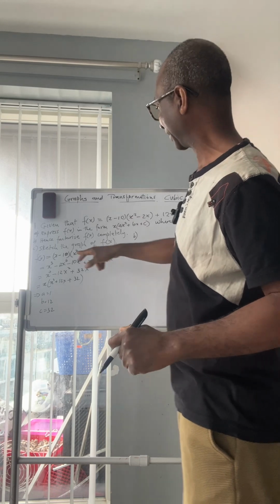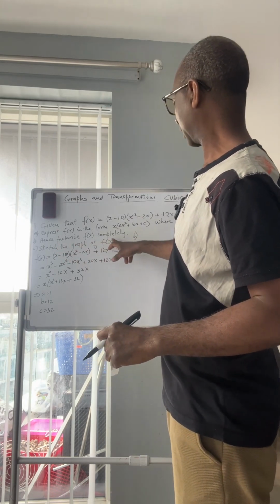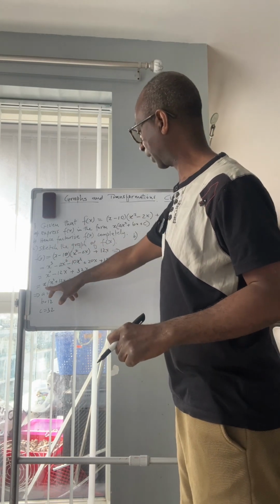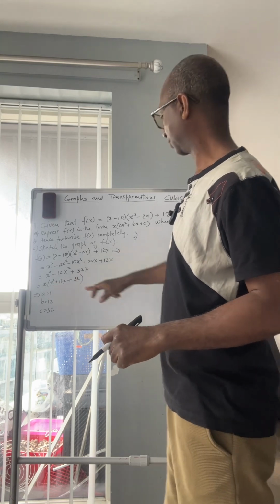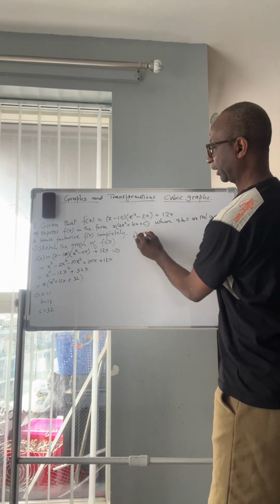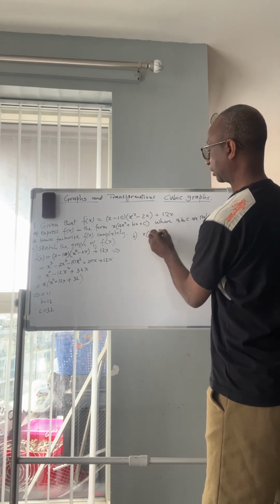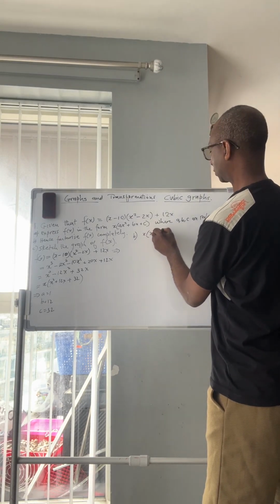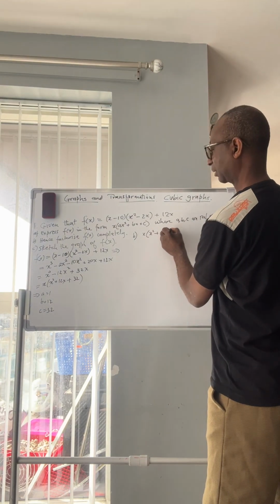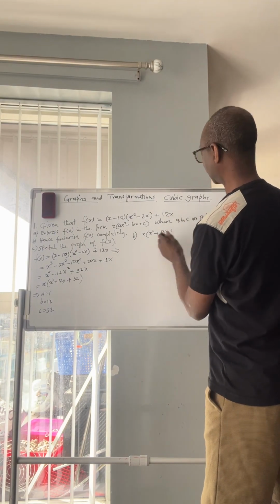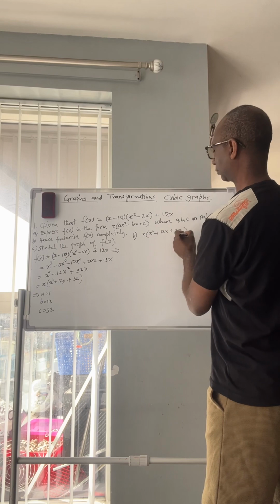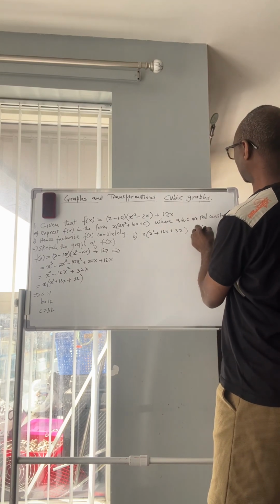The B part says, hence factorize completely. So now we need to factorize this equation. We have the equation here, x into x squared plus 12x plus 32. This is equal to f of x.